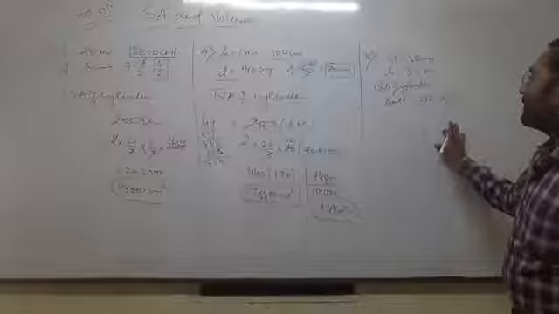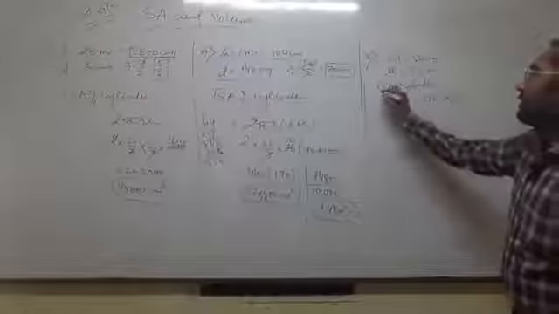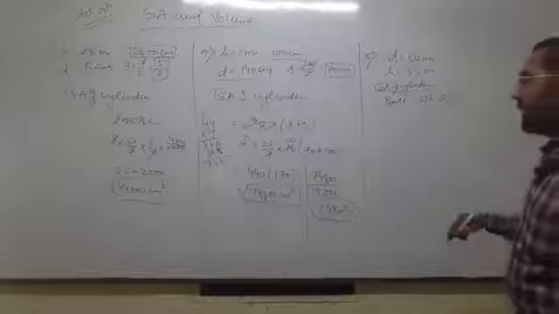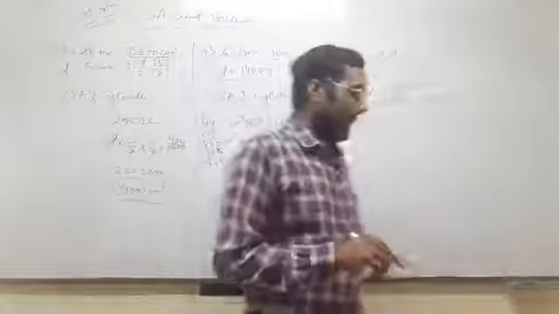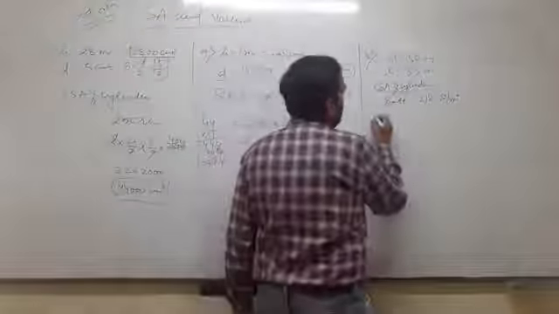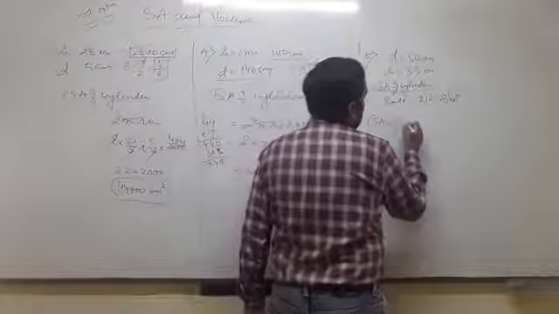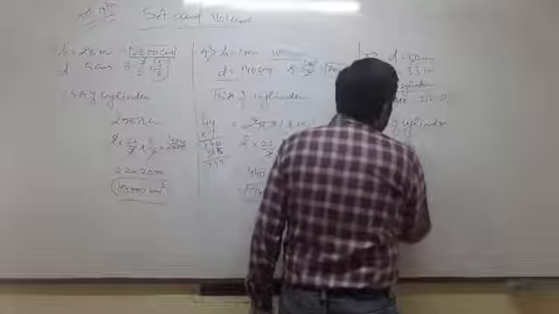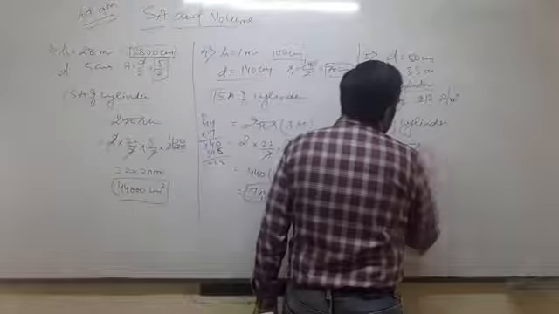So let's start by finding the curved surface area, because the curved surface area has to be painted. The curved surface area of a cylinder is 2 pi r h.